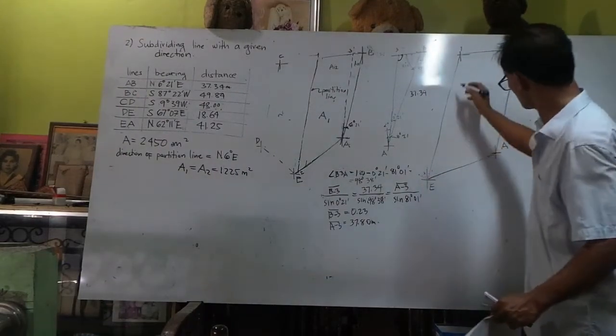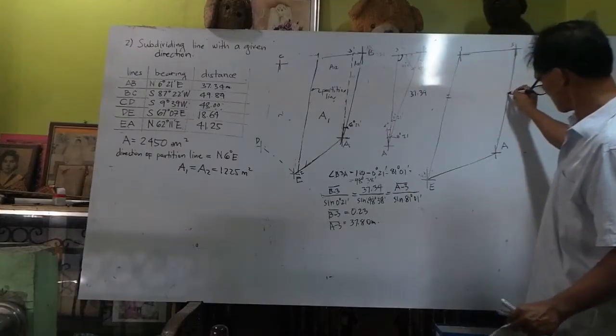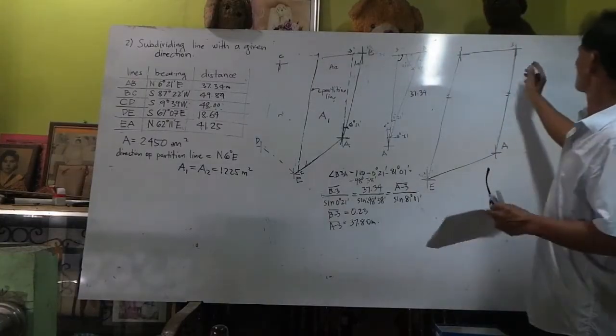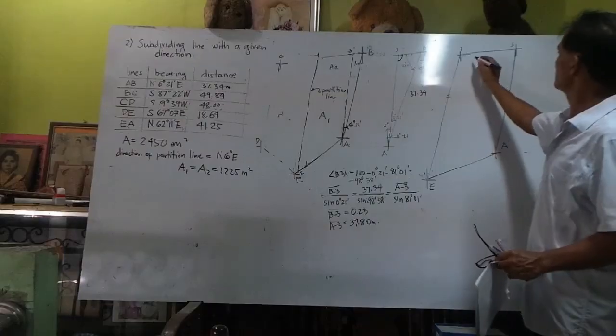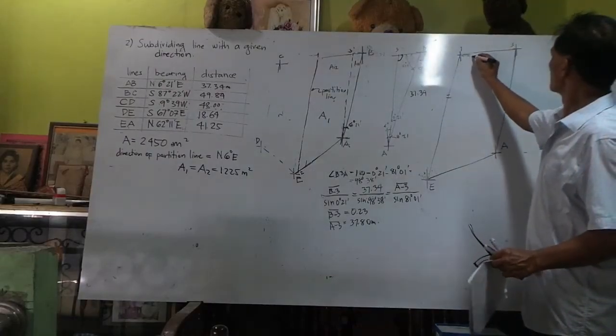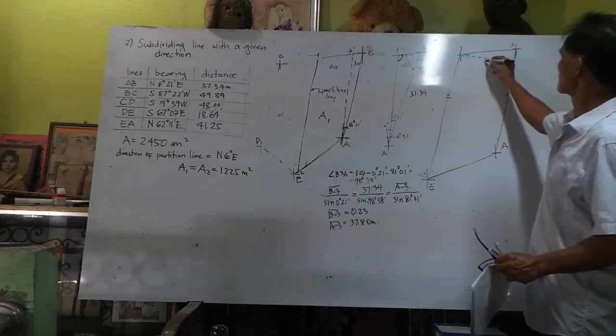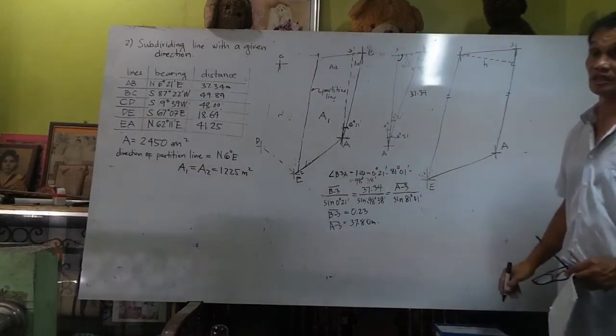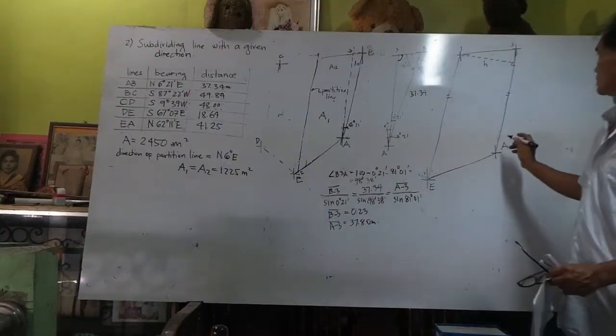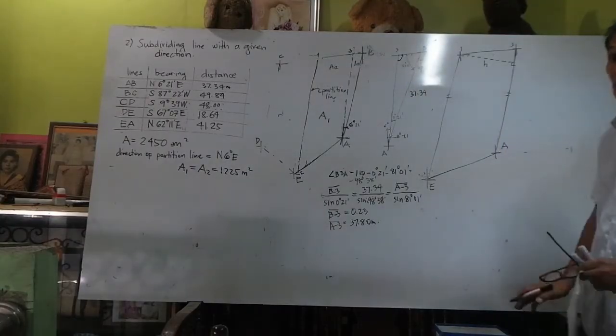So when you say this is parallel with this one, it is a trapezoid. This is a trapezoid. So meaning to say you have the distance between the two parallel sides, designated as H, the distance between two parallel sides of the trapezoid.